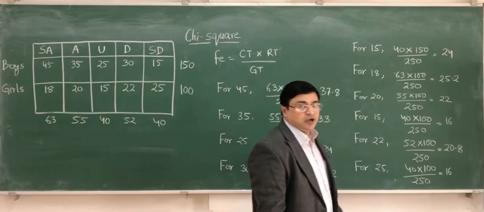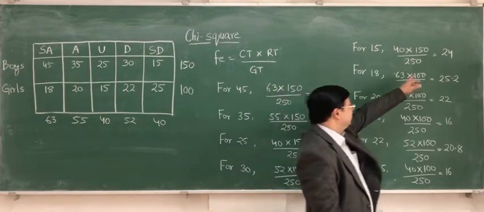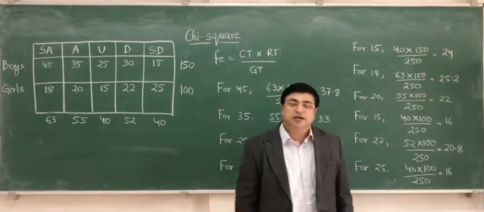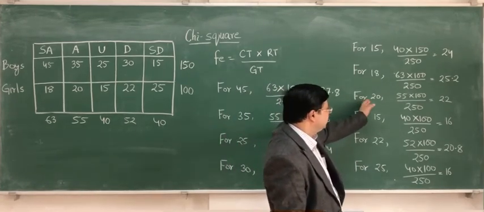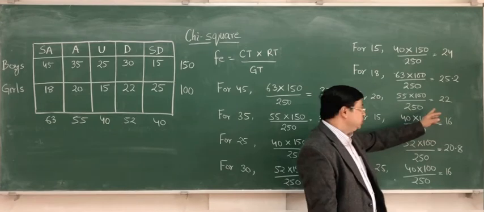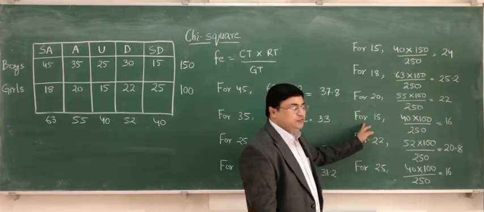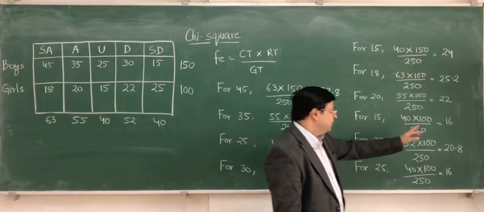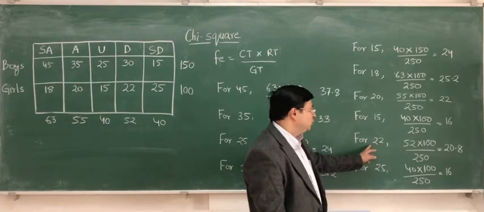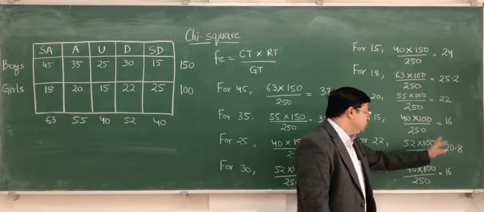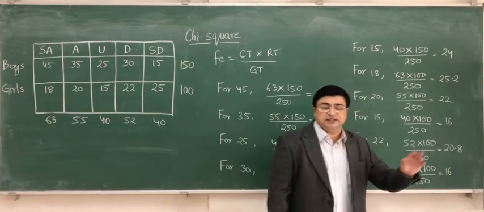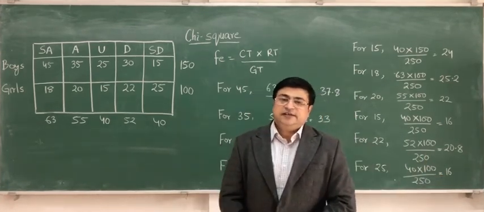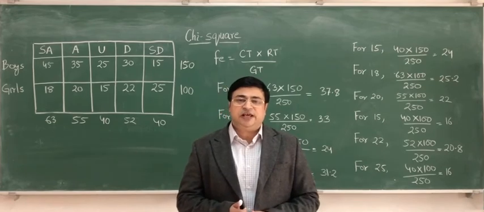So in case of boys and girls, this value will change, that is the row total. Similarly, for 20, it is 22. For observed frequency 15, the expected is 16. Similarly, for 22, the expected is 20.8, and for 25, it is 16. So these are the expected frequencies that we have calculated.